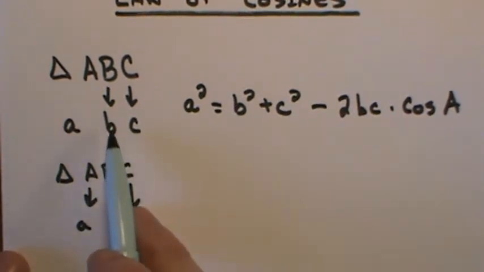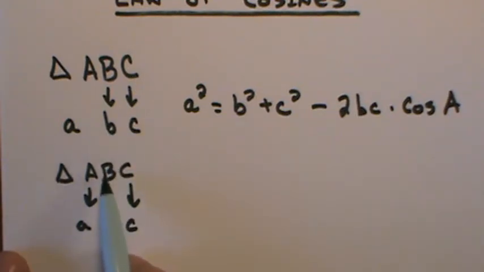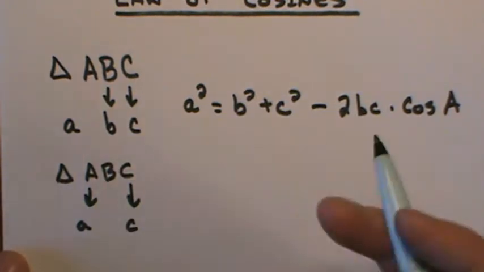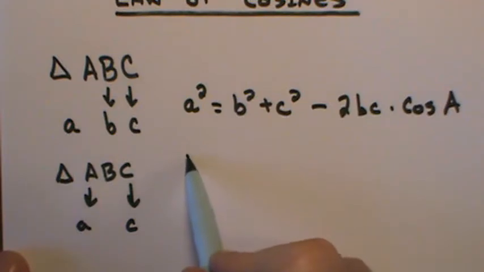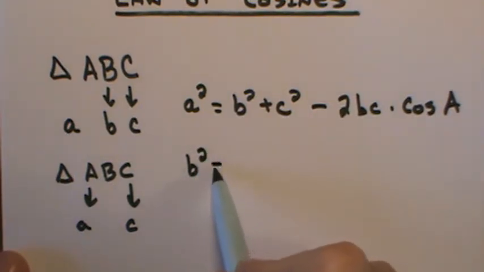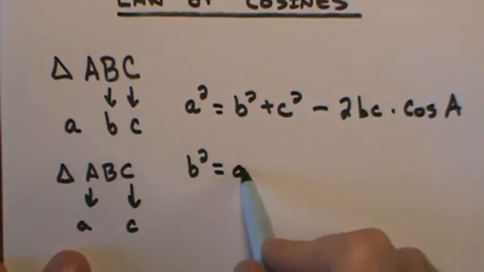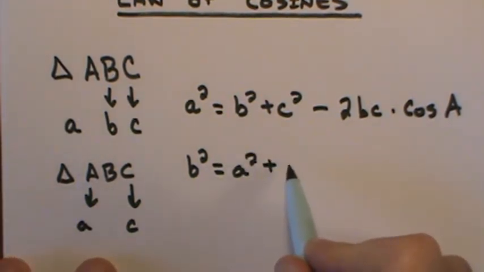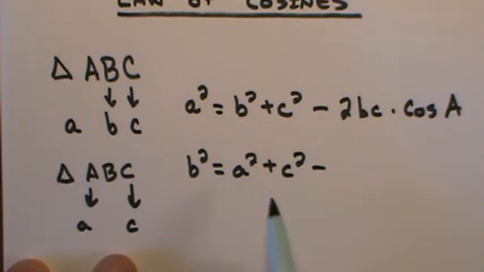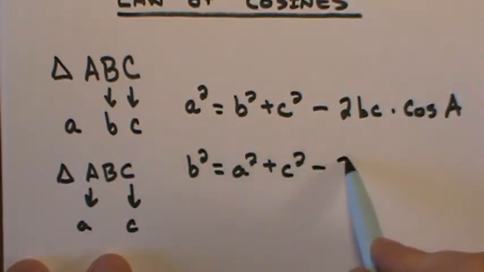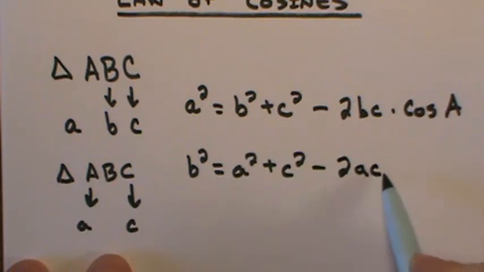Since I'm interested in finding little b, and I would have to be given angle B, I would simply do this. b squared is equal to, now it's just going to be the other two sides, so I say a squared plus c squared minus, it's always the product of those two known sides, 2ac cosine big B.